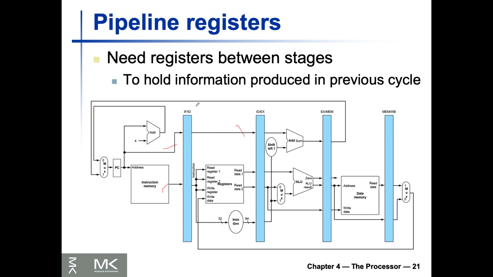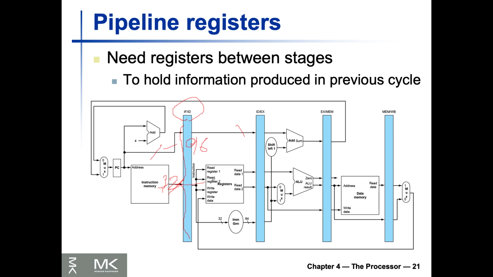For example, for the instruction fetch and ID stage, the register must be 96 bits wide, because we have a 32-bit instruction fetched from memory coming here, and we need to increment the 64-bit PC address, which comes here.